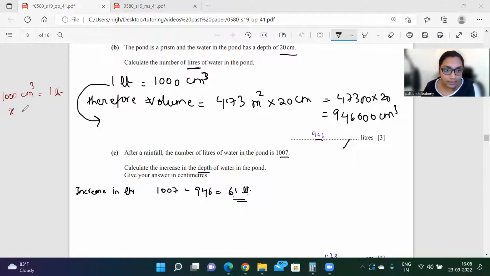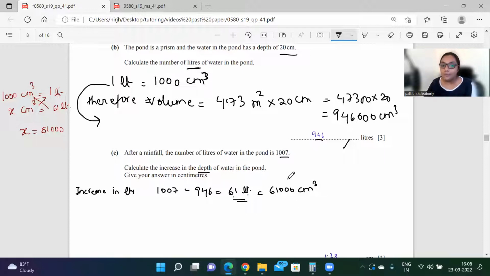So X, that is unknown, centimeter cube will be equal to 61 liters. So we are converting the liters into centimeter cube. So when you cross multiply, you get X is equal to 61,000. So our answer over here, that is the volume, is 61,000 centimeter cube, right? That part clear? Now we have the volume with us.